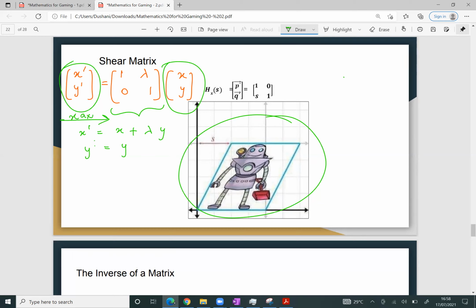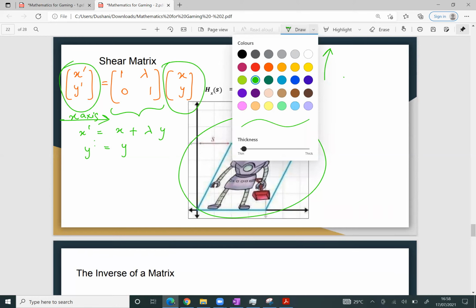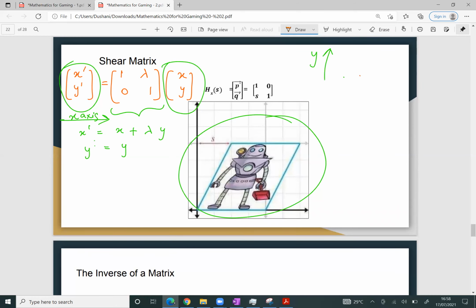And then if we talk about the shear parallel to the y-axis, how that works is your new coordinates are equal to [1 0; lambda 1]. This is the shear matrix and you have x and y.